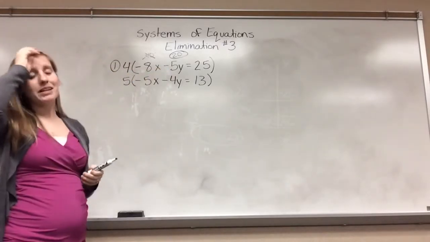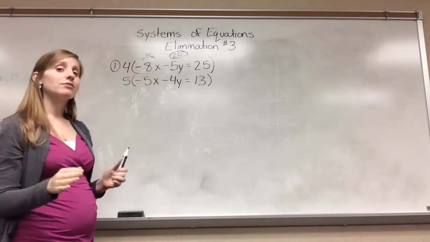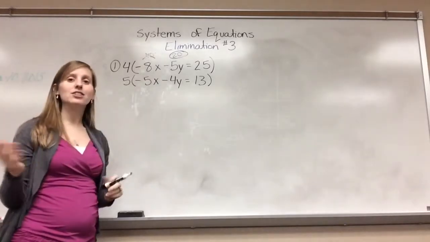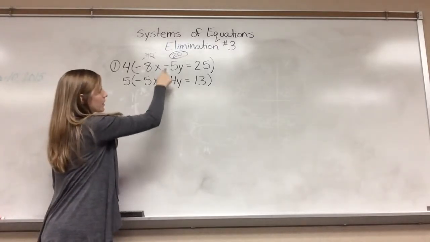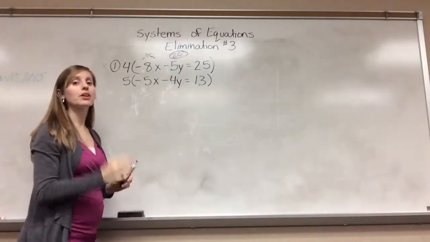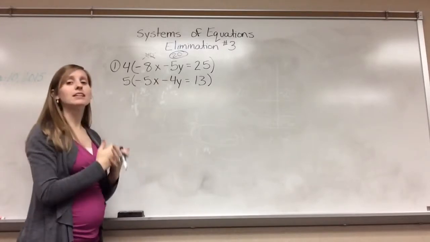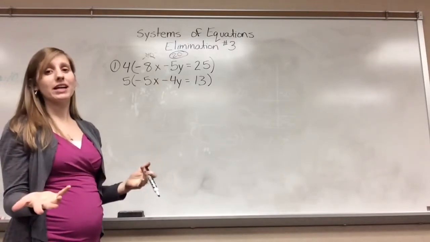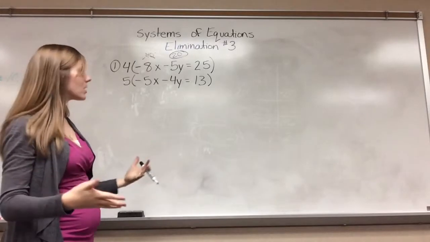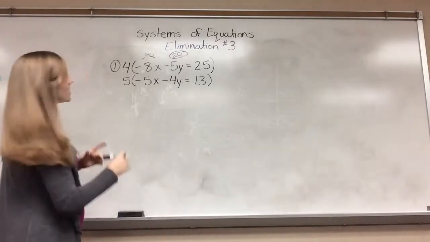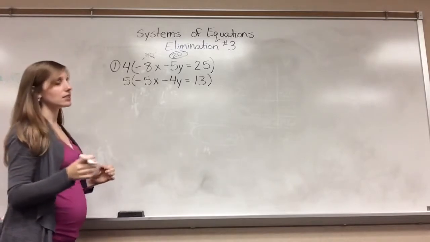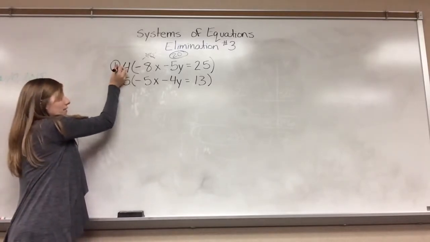Now we must determine if I have to make one of them negative, okay? And the way to do that is to determine, do I need to change the signs? Looking here, my signs are the same. Remember, you want the signs to be different. If they're the same, they don't cancel, they just add up to be a bigger number, all right? But if they're different, they will cancel out. So, because I want the signs to be different, and they're not, I'm going to make only one of these negative.